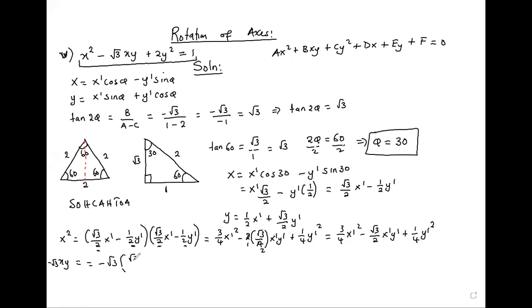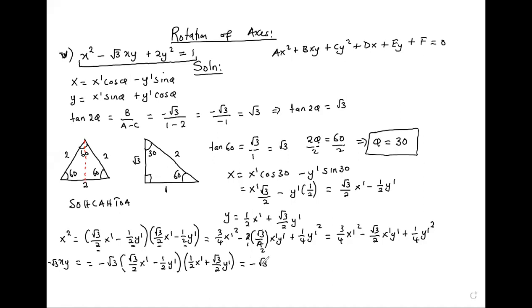x is √3 over 2 x prime minus half y prime, and y is half x prime plus √3 over 2 y prime.